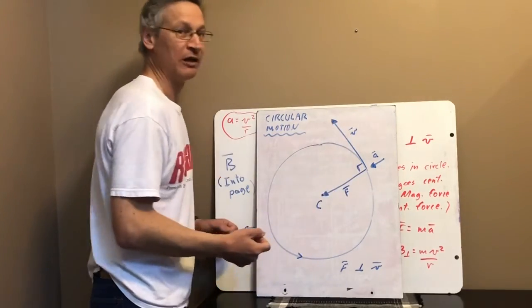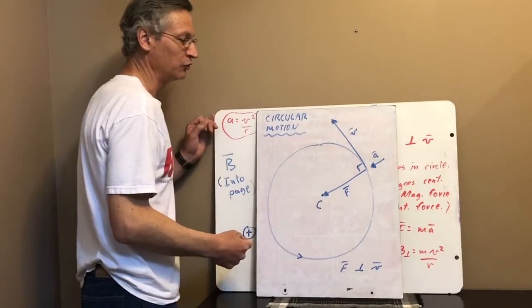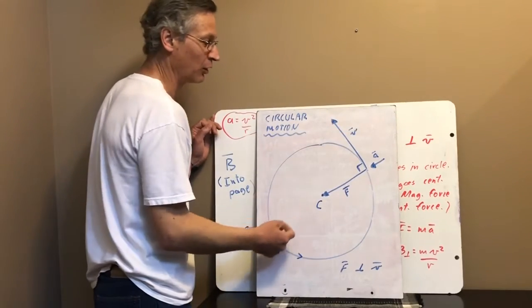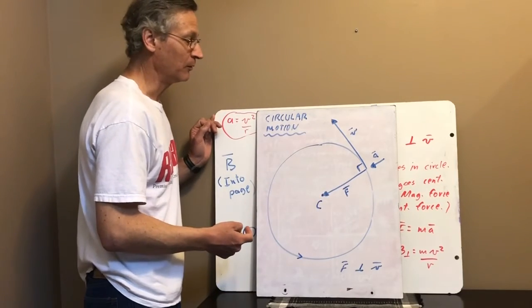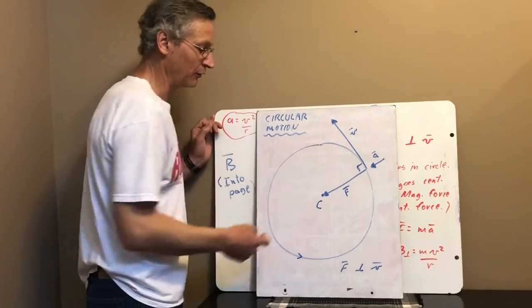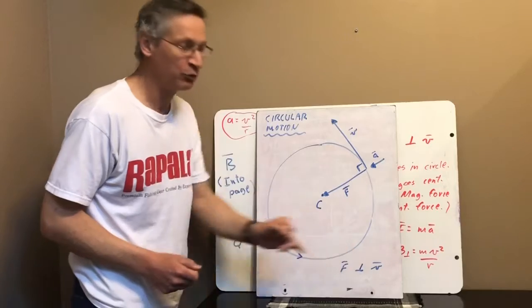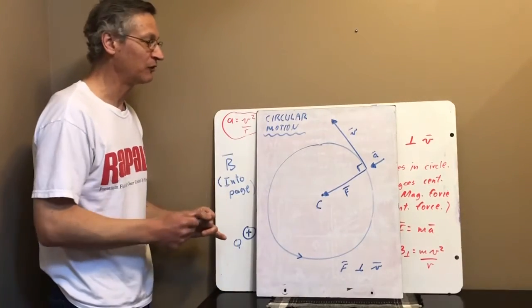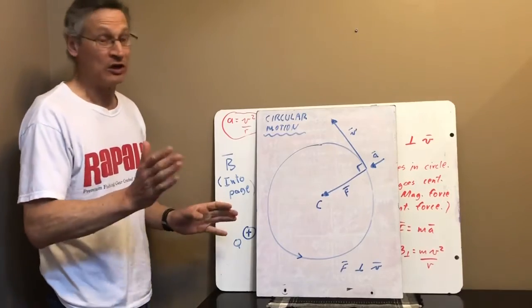Remember, it's always accelerating in towards the center of the circle, so the total force acting on it has to be in towards the center of the circle as well. In other words, the force acting on it is perpendicular to the velocity. If you have a force that's perpendicular to a velocity, you have something that is tending to move in a circle. Keep that in mind.